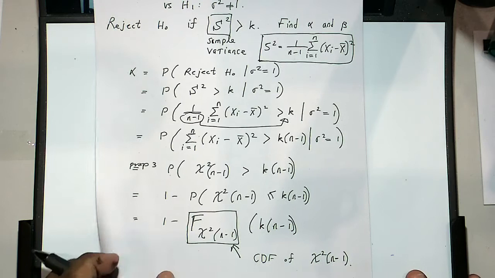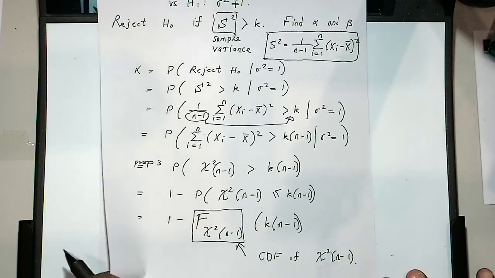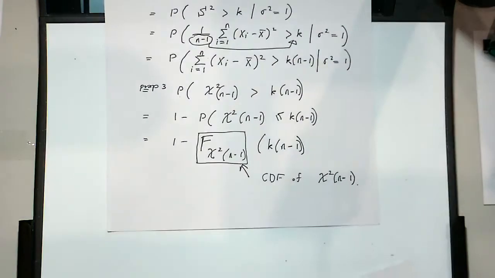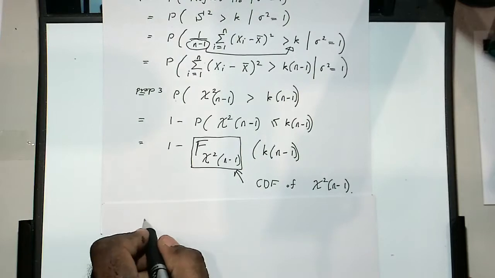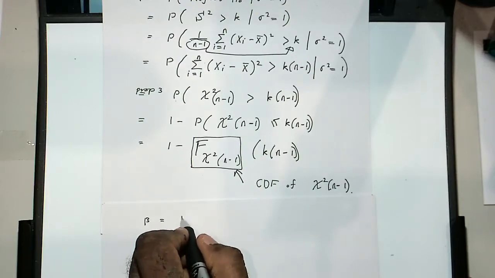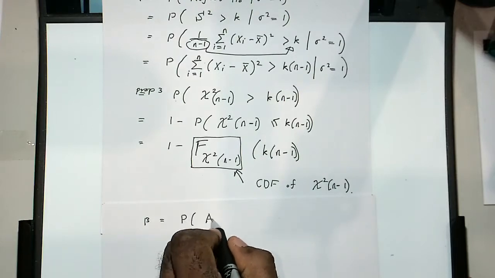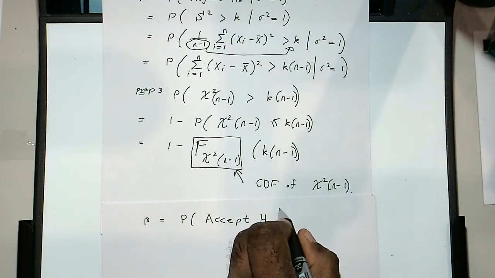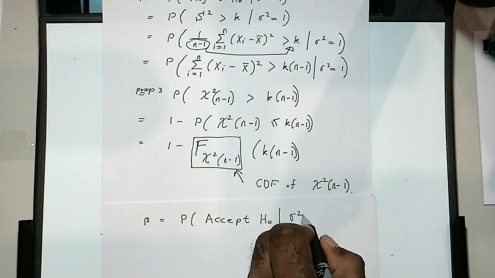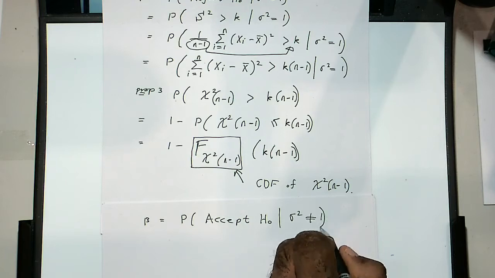Now to find beta. Remember, beta is the probability of accepting the null hypothesis when it is not true. So in this case, sigma squared is not equal to 1.